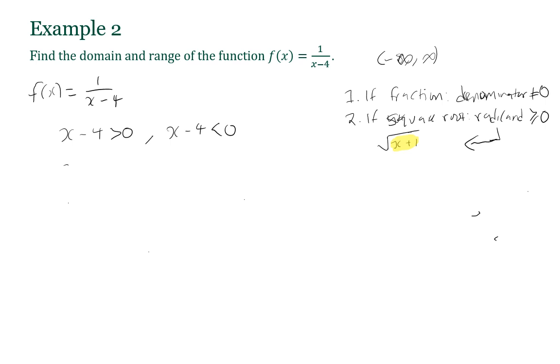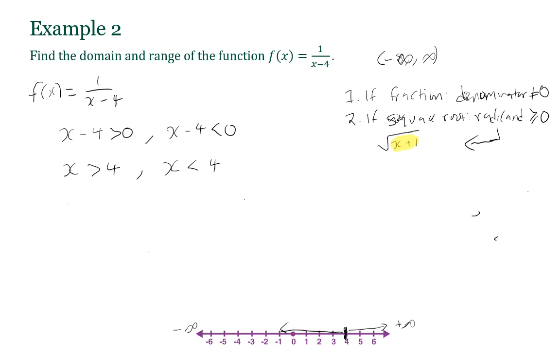In this case, we have that x is greater than 4, or x is less than 4, but it shouldn't be 4. Using a number line, we have 4 here, so x should be greater than 4 up to plus infinity, or it should be less than 4 down to minus infinity.